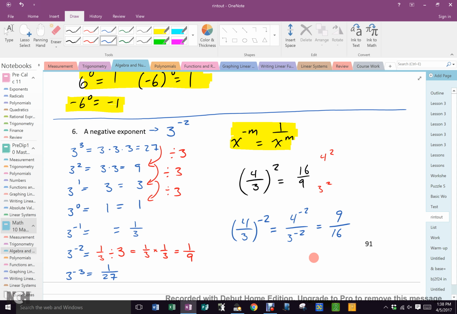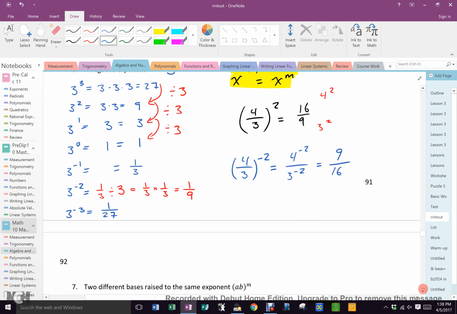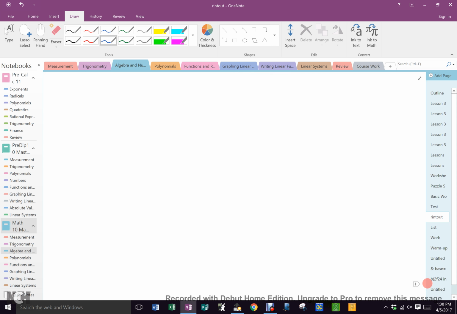Going thrice? Okay, so now we're going to do something that you knew from grade 9, but it changes in grade 10 because of what you just learned about negative exponents, okay? This one. You learned this. 3 times 2 squared.